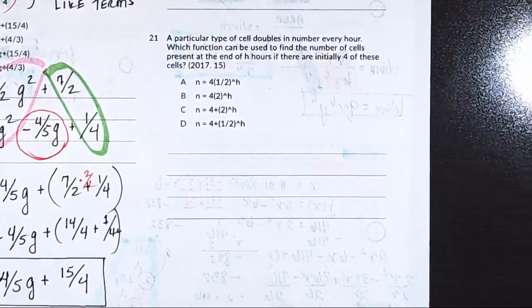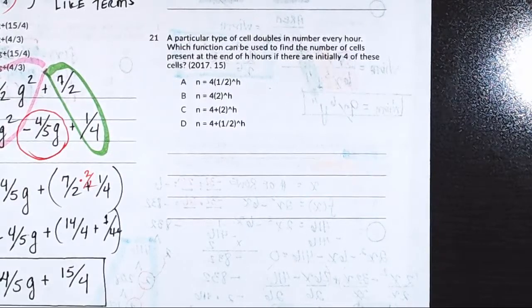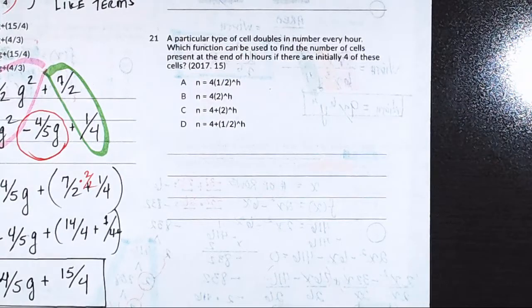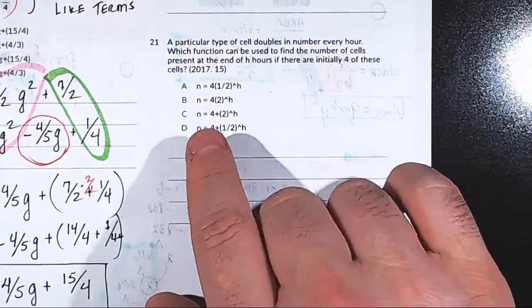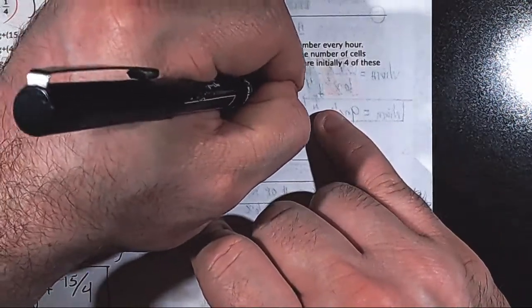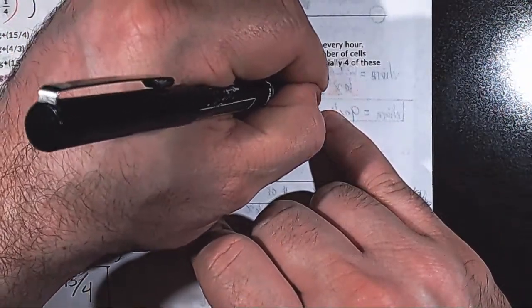21, a particular type of cell doubles in number every hour. Which function can be used to find the number of cells present at the end of h hours if there are initially 4 of these cells? Okay, so what I'm looking for is a rate of growth of 100%.